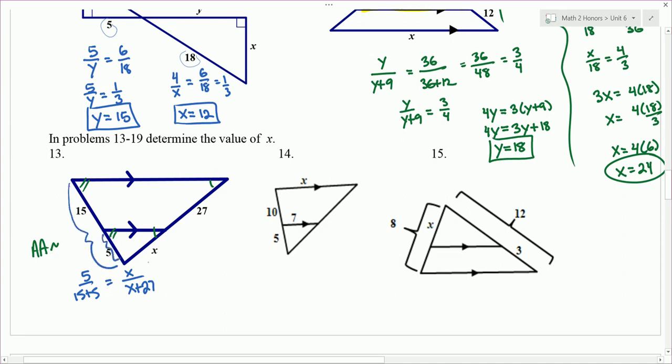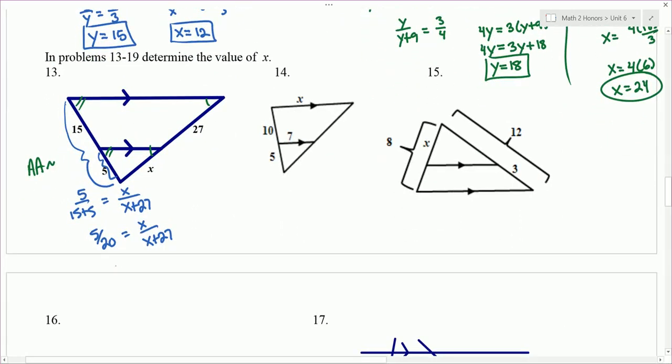So small triangle to big triangle, we have 5 to 20 is x to x plus 27. 5 to 20 we can reduce to 1/4. Cross multiply, 4 times x is x plus 27. Subtract x, 3x is 27, and divide by 3 to get x is 9.